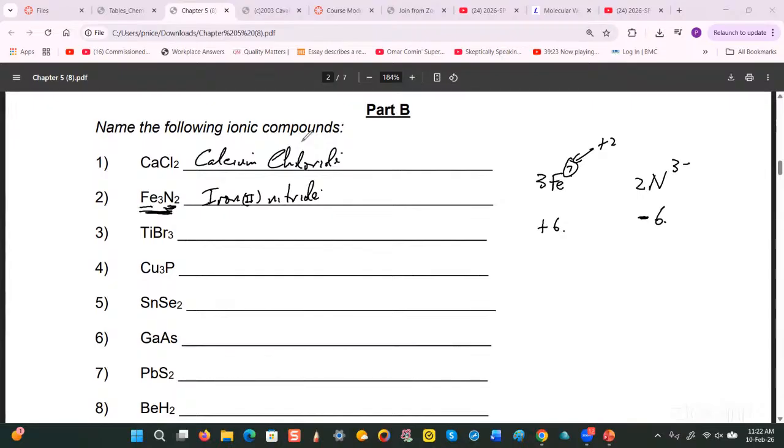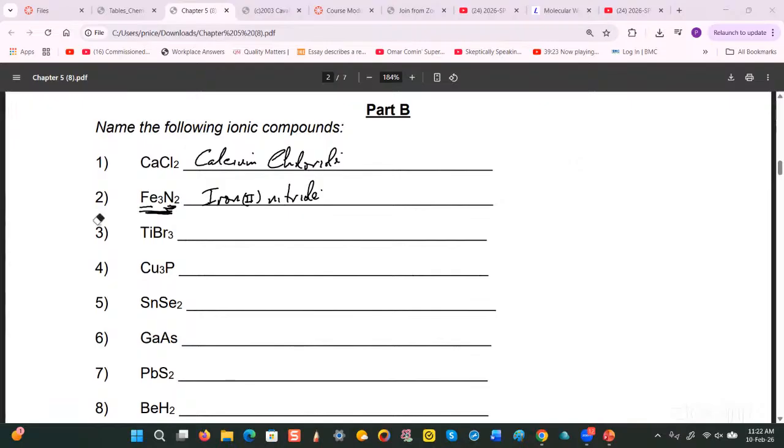Okay, let's look at number 3. In the case of number 3, they gave you TiBr3. And again, titanium, like iron, can display more than one charge. So again, you have to figure out what that charge is by looking at the charge carried by the bromide ion. What's the charge carried by the bromide ion? -1, and there are 3 of them.